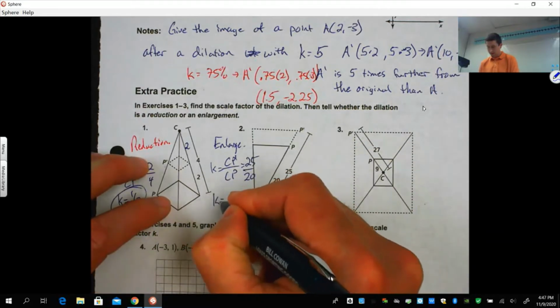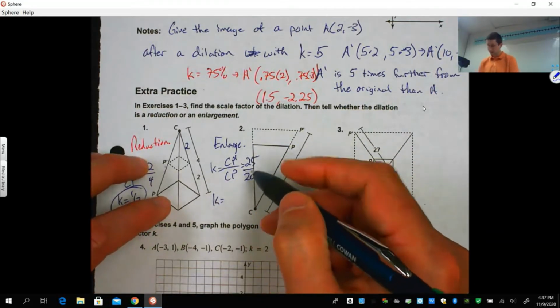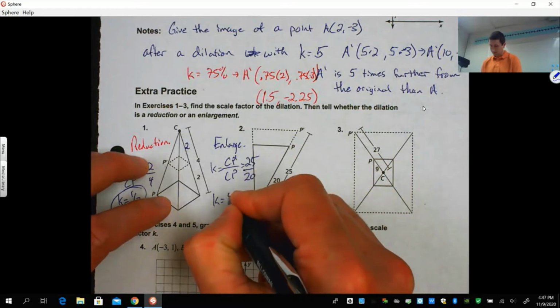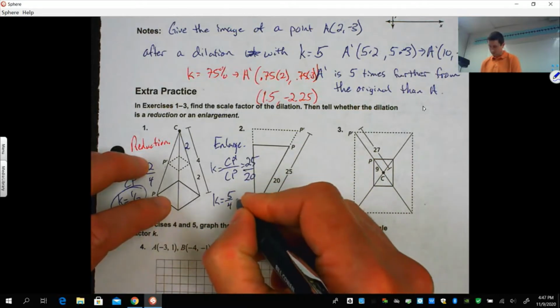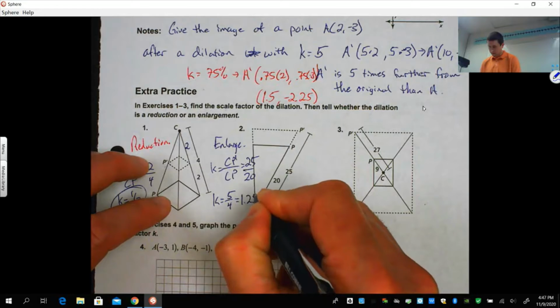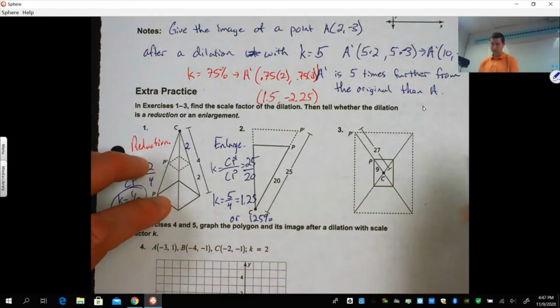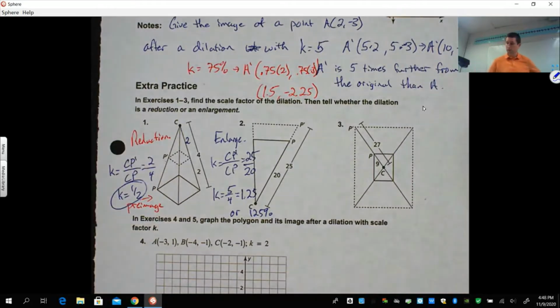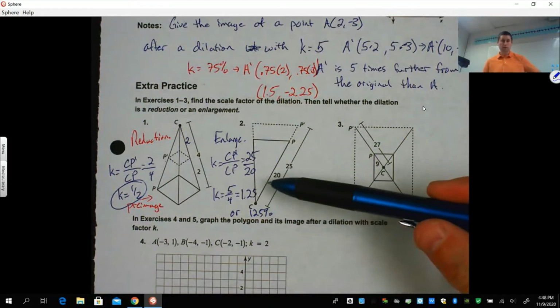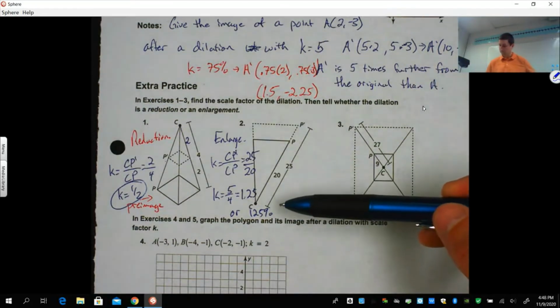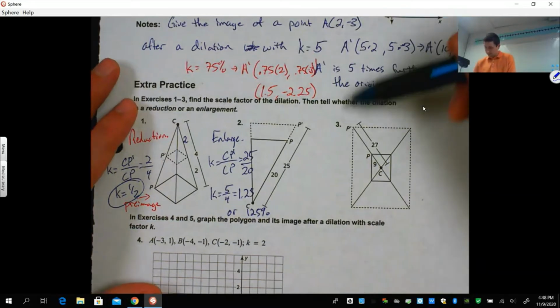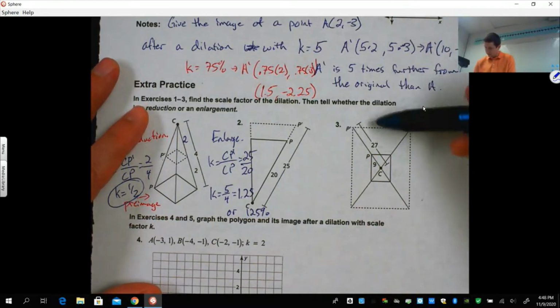So k is 25 over 20. Reduce that, divide by 5, so you get 5/4, which could be 1.25, or you could say that's 125%. So your k value could be written any one of those ways: 5/4, 1.25, or 125%. Finally, on 3, try this, come back, see if you got it right.